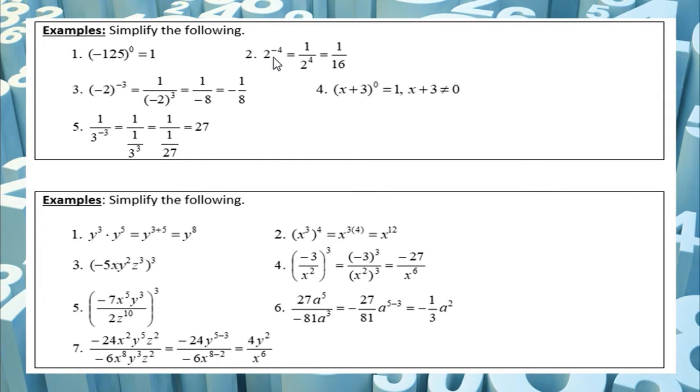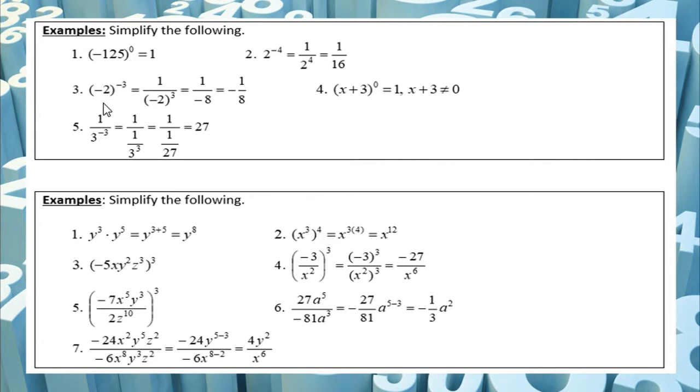Next, we have 2 to the power of negative 4. Whenever our exponent is negative, that can be equal to 1 over 2 to the power of 4. So, our numerator is 1, then our exponent becomes positive. So, 1 over 2 to the power of 4 is 1 over 16.